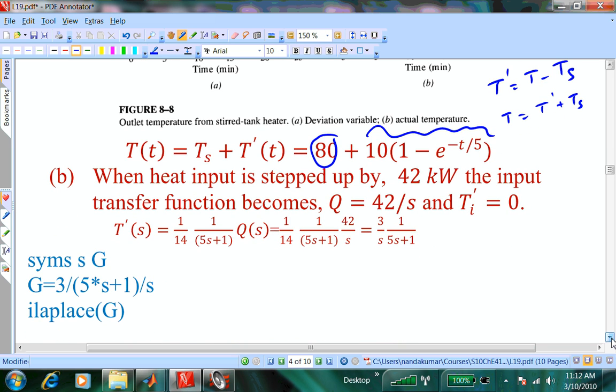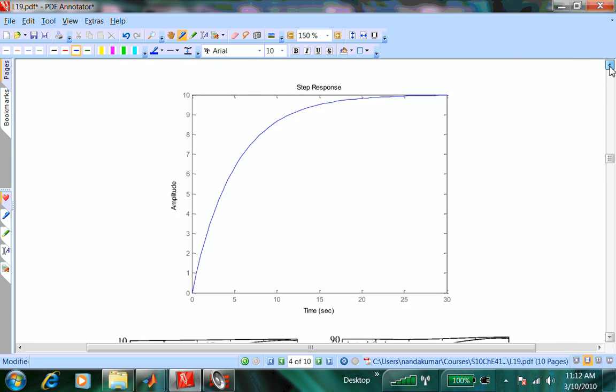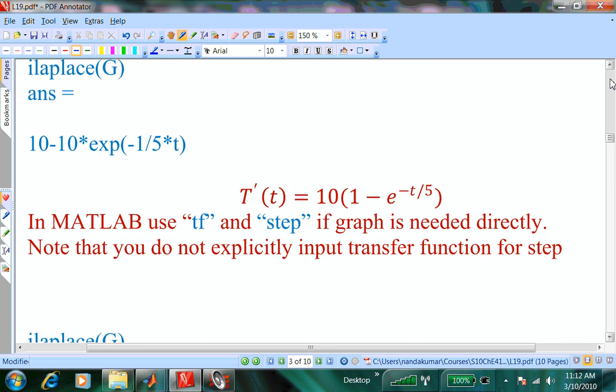The second question was, when the heat input is stepped up by 42 kilowatts, what is the dynamic response? This time, the inlet temperature remains at 60 degrees, and I'm just increasing the heat input. How does the outlet temperature change? I could go back to my original transfer function for both variations and cancel the Ti prime term.